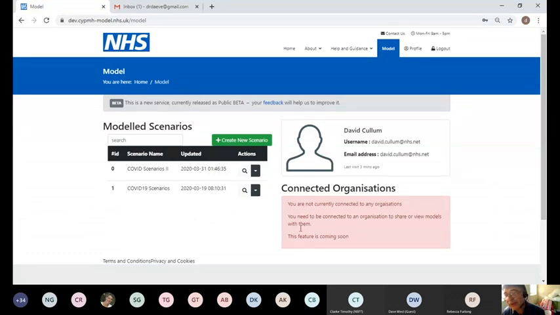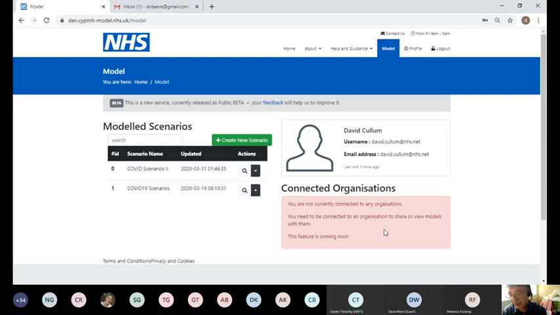Connected organizations is something here that, when you start modeling and start saving your models, you'll be able to connect to other organizations. So if you're in a particular provider or a particular CCG or STP or whatever, then you can identify connected organizations and people who can come and look at your models in the CREST tool.